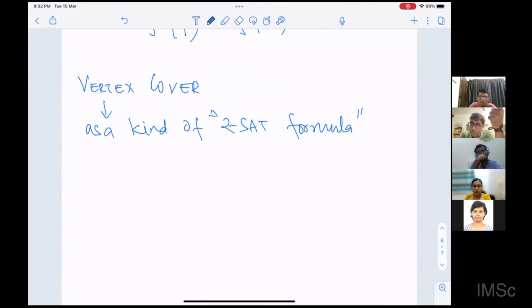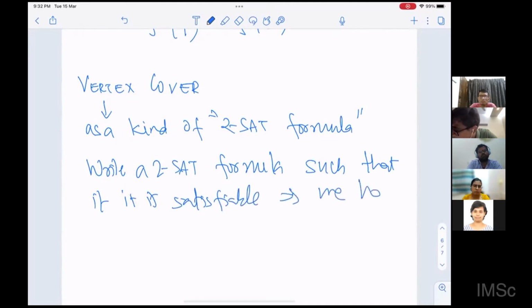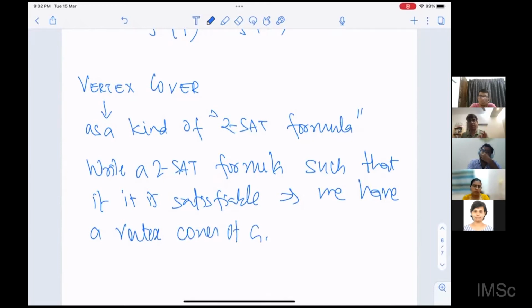Given a graph, I want to write a two-SAT formula such that if it is satisfiable, it implies we have a vertex cover of G. I'm not talking about size.